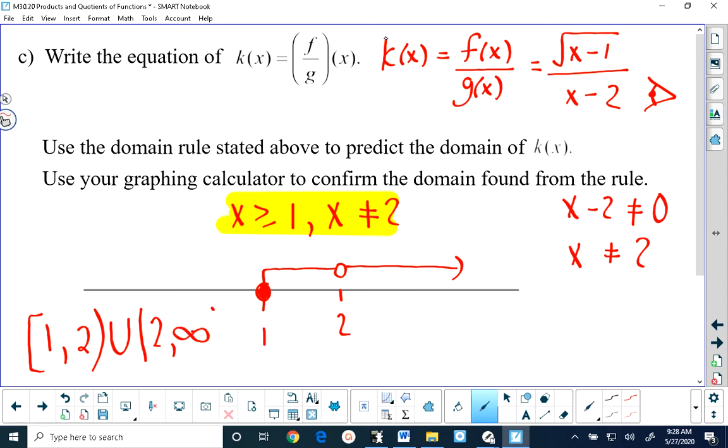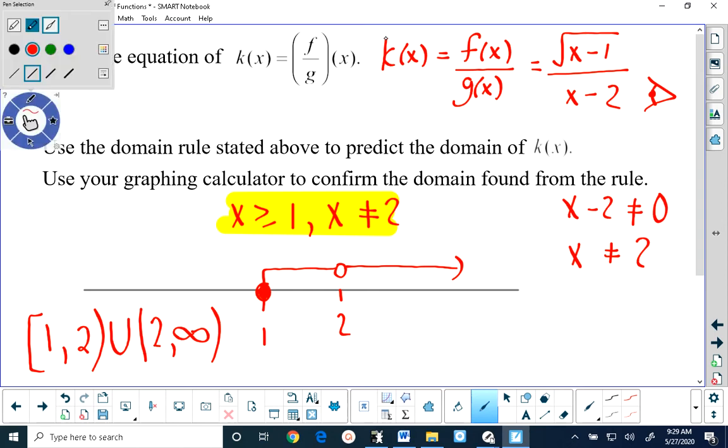And we have to use a round bracket at infinity because, as I've already said today, the idea of you actually reaching infinity is a bit of a wacky one. You cannot reach infinity. So this is another way that you could write the domain of the quotient.